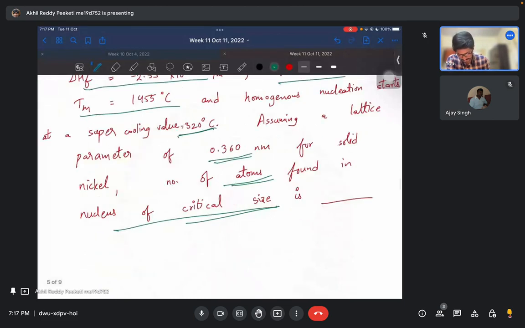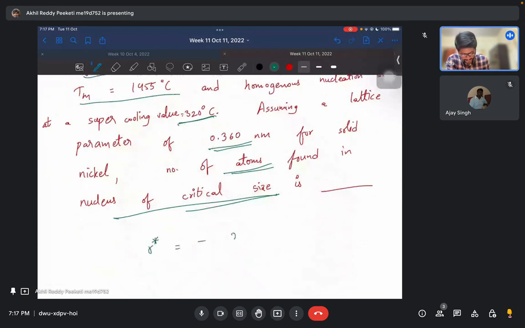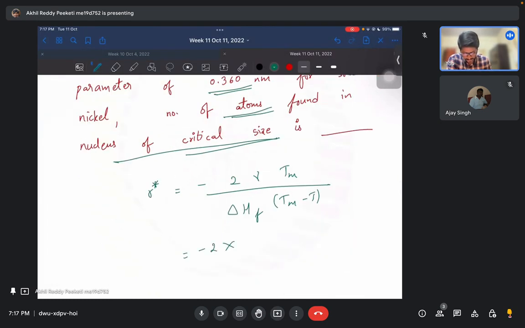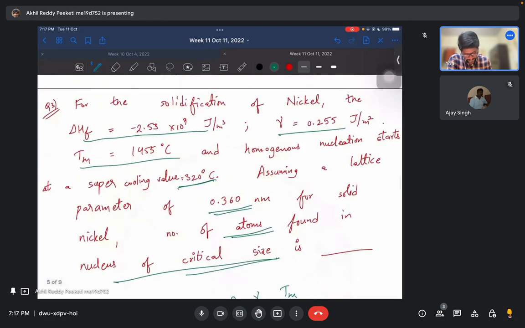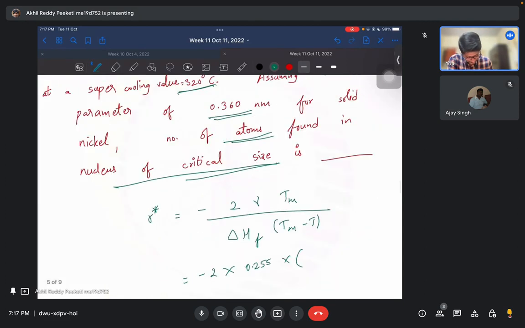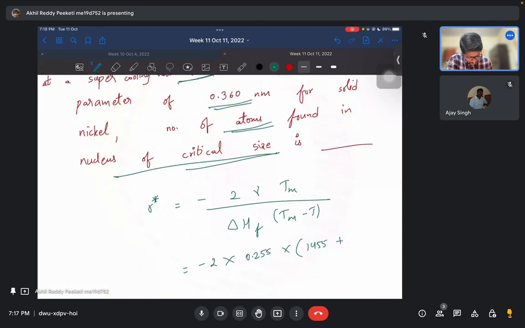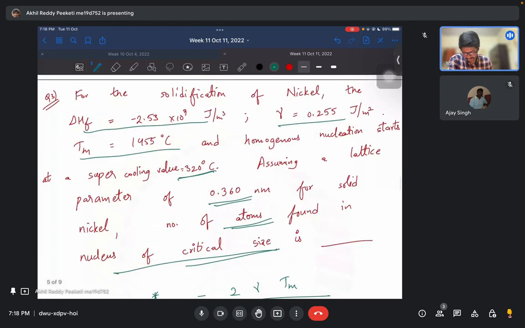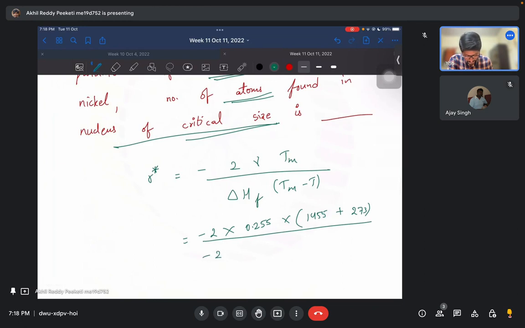So first, critical radius is minus 2 gamma melting temperature by delta HF into Tm minus T. So this would give minus 2 into surface energy 0.255, melting temperature 1455, and delta HF, latent heat of fusion, minus 2.53 into 10 power 9.